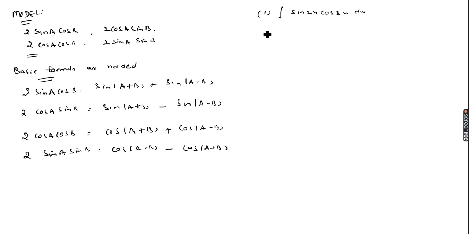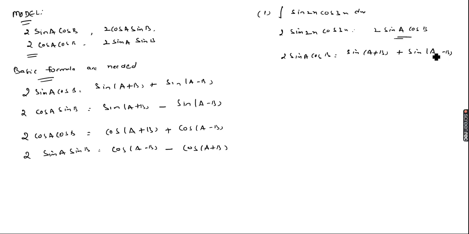It is 2 sin A cos B, which is nothing but sin of A plus B plus sin of A minus B. But in the given question there is no 2, so we multiply and divide by 2.